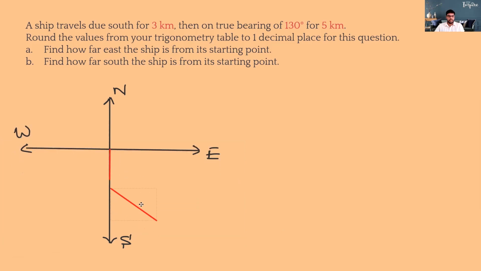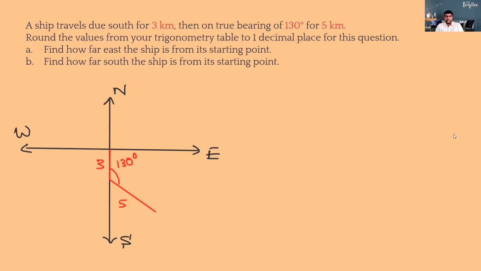So this distance is 3 kilometers and this distance is 5 kilometers, at a bearing of 130 degrees. First it moved down for 3 kilometers, that means south, and then on a true bearing of 130 degrees. So children, how do you measure bearing? From the north. From the north, 130 degrees for 5 kilometers. This is the motion of the ship.